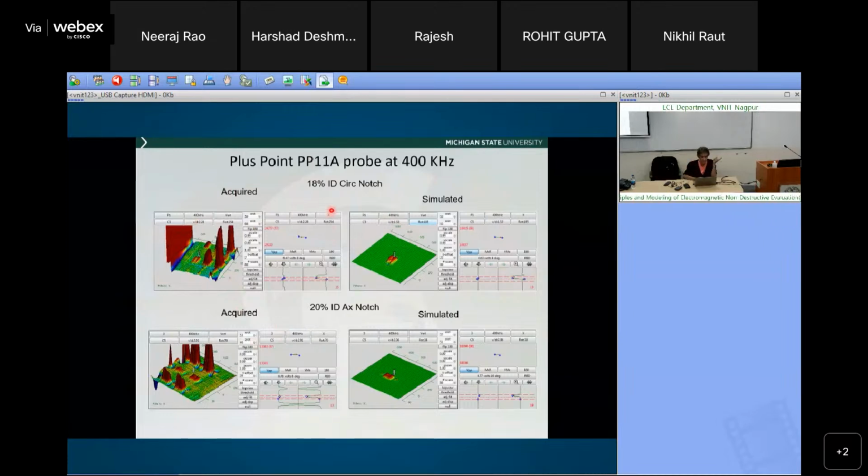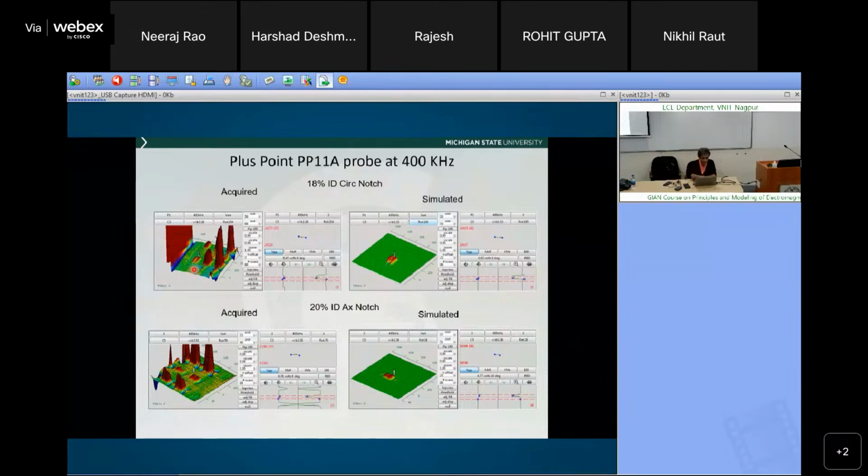So this is the 18% internal notch. This is the simulated signal, and the corresponding experimental signal is over here.